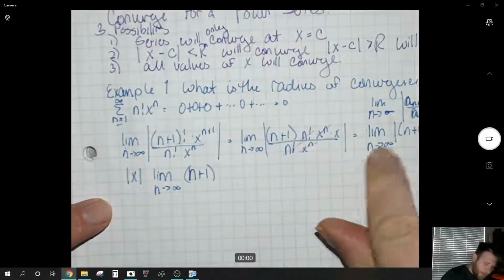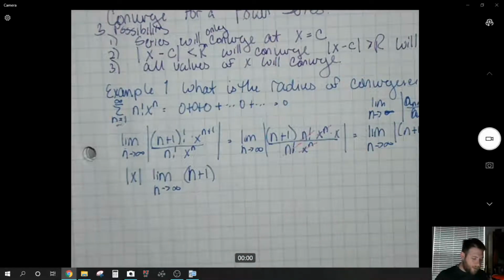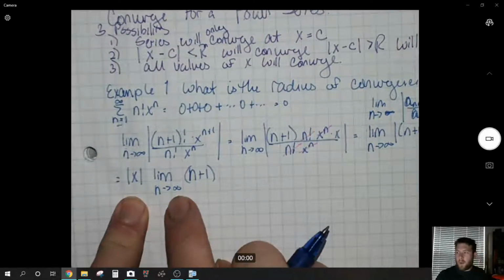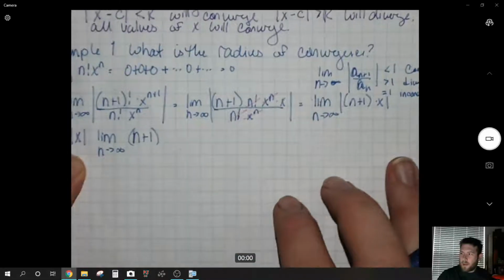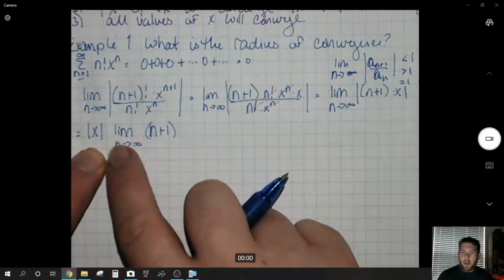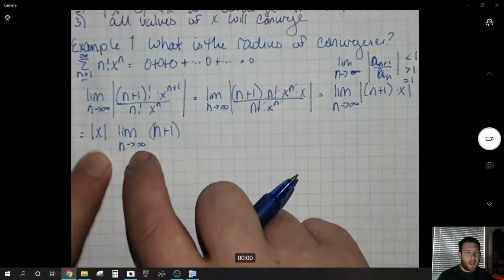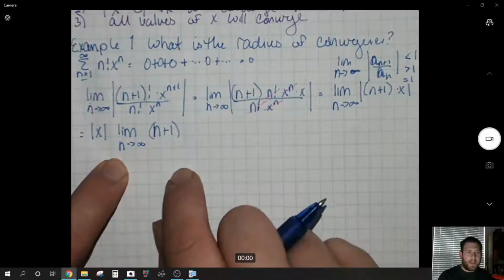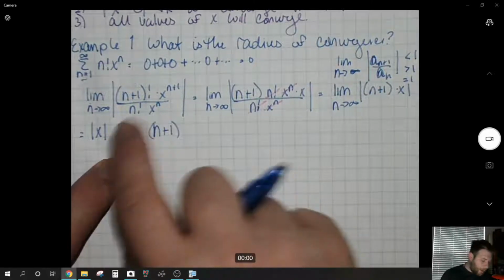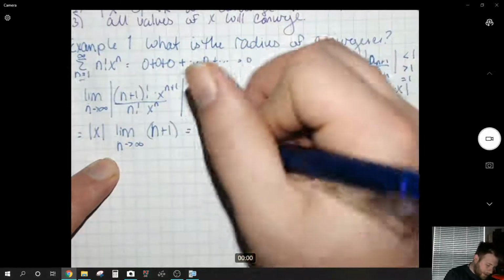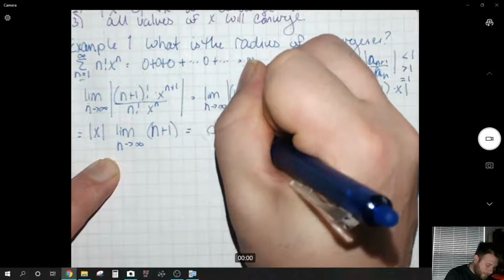I'm dropping the absolute value on n plus 1 because I know it's positive. Look what's happening here. As n approaches infinity, this will be infinity. So no matter what we do here, it will always diverge.